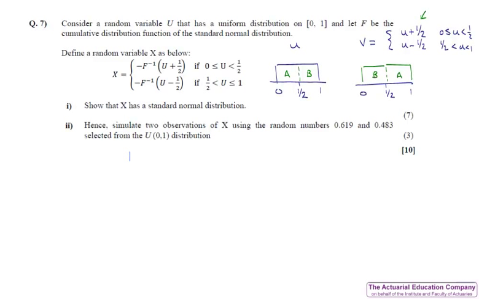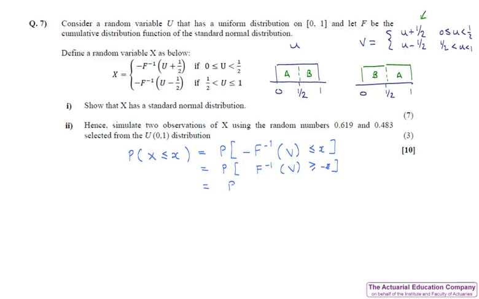Step 1 of this method is to get the CDF of X, i.e. the probability that X is less than or equal to x. Well, using the formula, that is the probability that minus the inverse of F, of our U plus a half or U minus a half, which we called V, is less than or equal to x. Multiplying both sides by minus 1 flips the inequality.